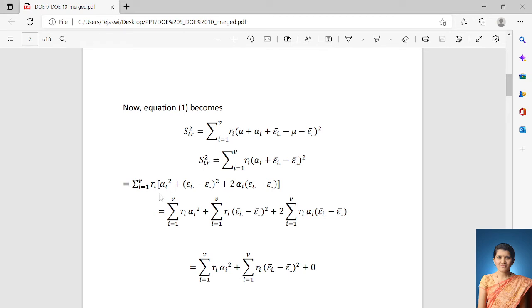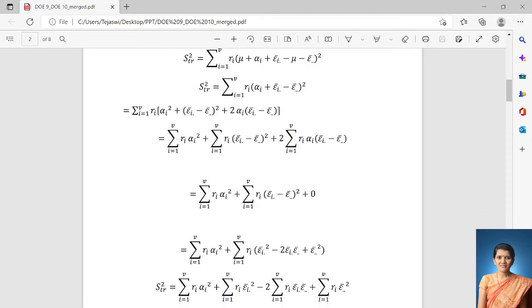This converts into summation over i of r_i alpha_i square, plus summation over i of r_i (epsilon_i dot bar minus epsilon double dot bar) square, and the third quantity, summation of r_i alpha_i, is 0. So the first term remains as it is.